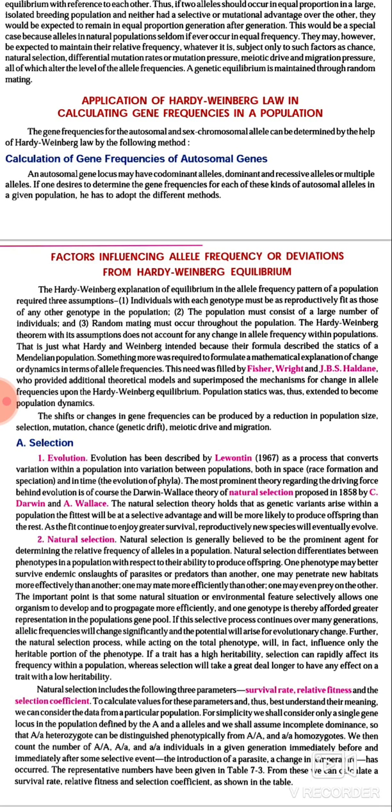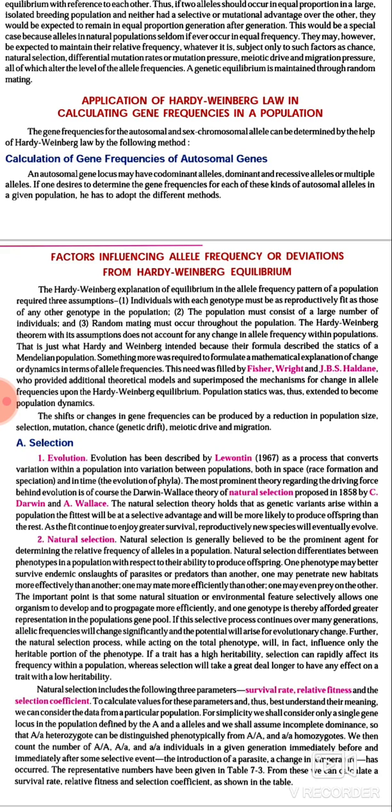If the selective process continues over many generations, allelic frequency will change significantly and the potential will arise for evolutionary change. The natural selection process, while acting on the total genotype, will in fact influence only the heritable portion of the phenotype.